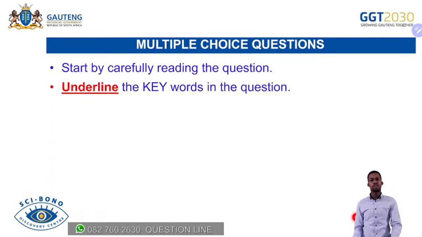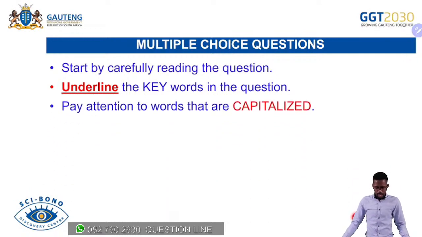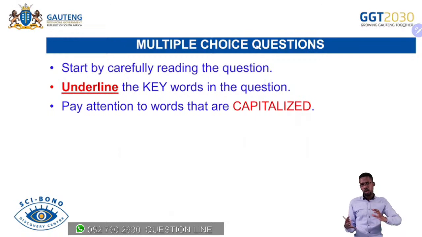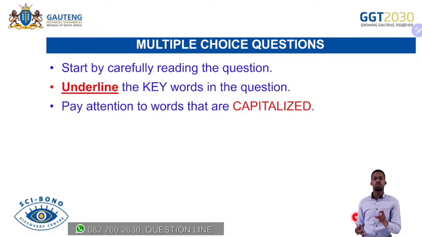And then underline the keyword. What is this multiple choice about? Which topic does it relate to? And then pay attention to the capitalized words, more especially when they say at constant speed. Once we have constant speed, we know that we have 0 what? Acceleration. And usually they'll write it in bold: constant velocity, constant speed.